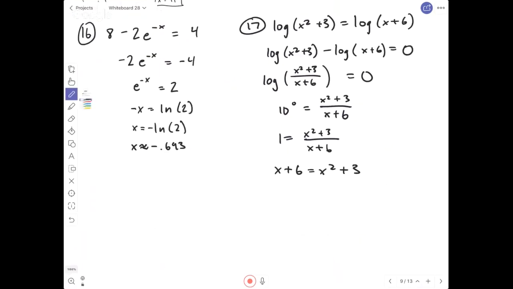Whew, okay, which means 0 equals x squared minus x minus 3.